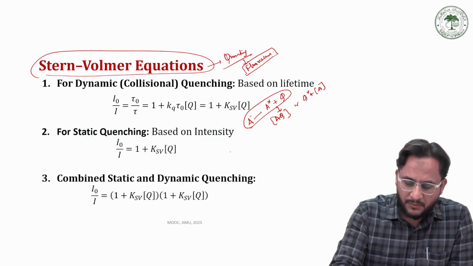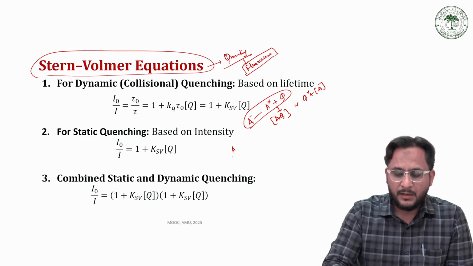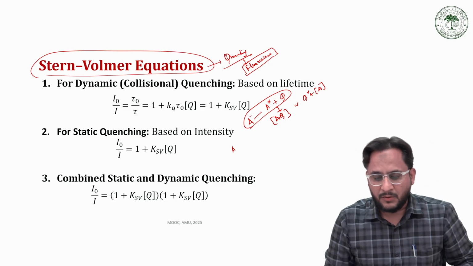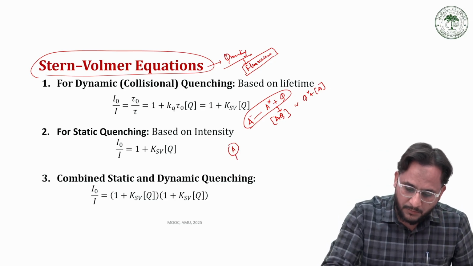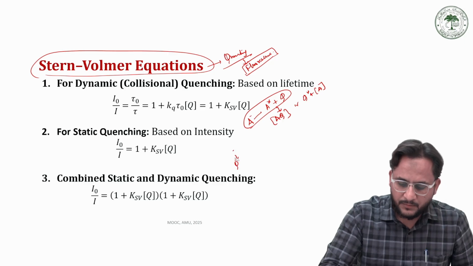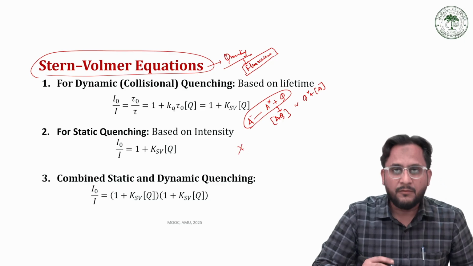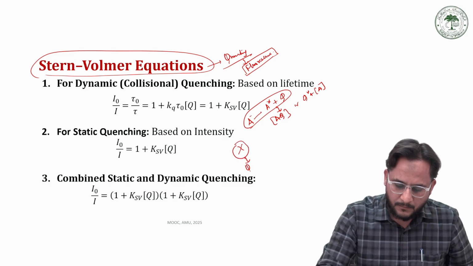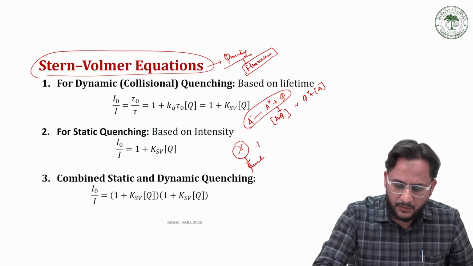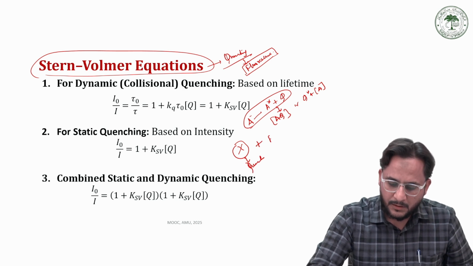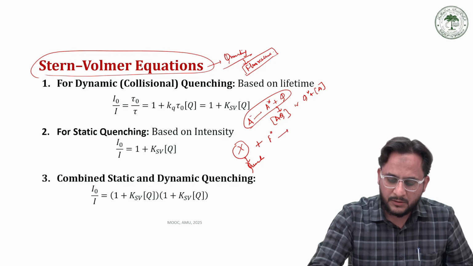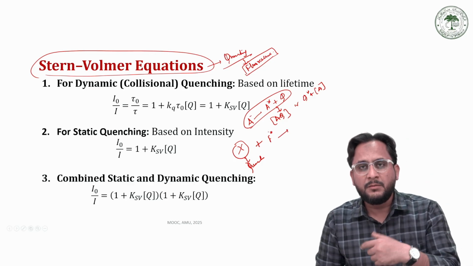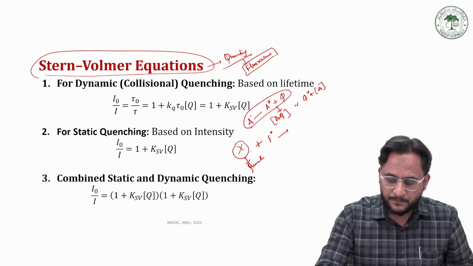How? For example, we have a compound X which is not fluorescent. Now we consider this as a quencher, and we add it to a fluorescent molecule. This fluorescent molecule is showing fluorescence, emitting light at some fluorescent intensity.